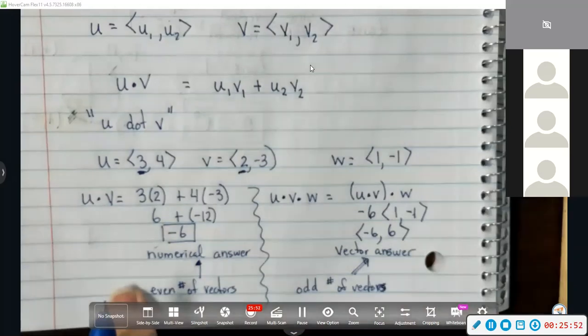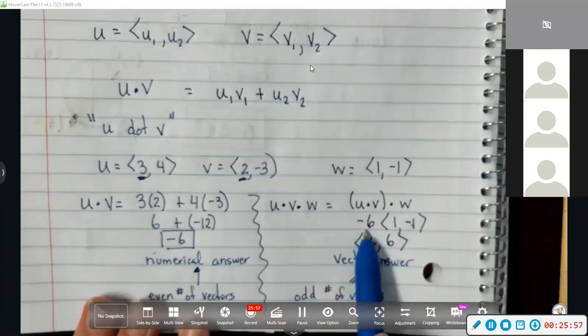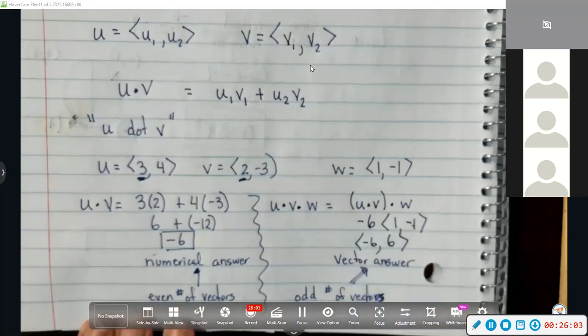Yes, this now becomes scalar multiplication, because negative 6 is not a vector. So is it not like the term dot anymore? Is it just multiplying? Yes, now you are just multiplying. Okay.